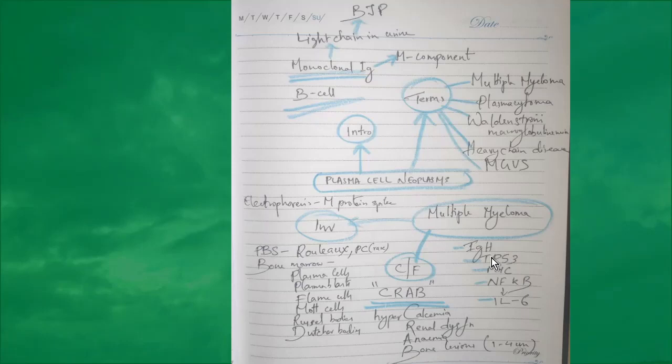Okay, now we'll shift our attention to a very different kind of lymphoid neoplasm. Some people even classify it separately. Plasma cell neoplasms are neoplasms of mature plasma cells.